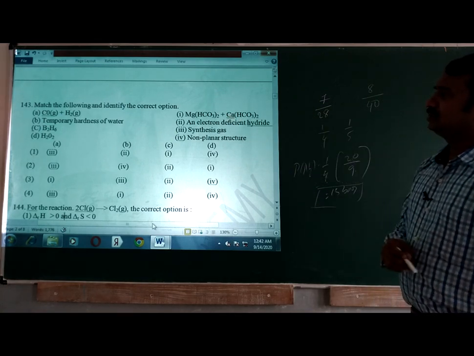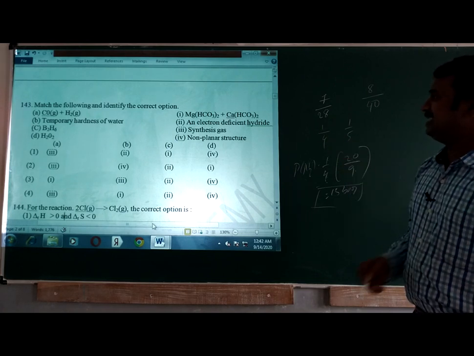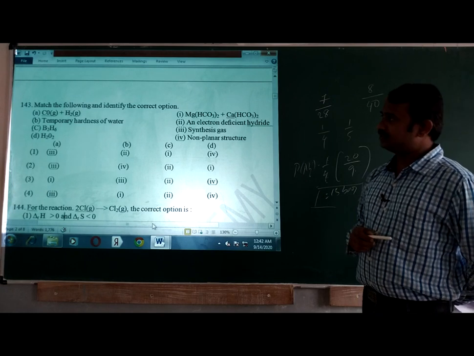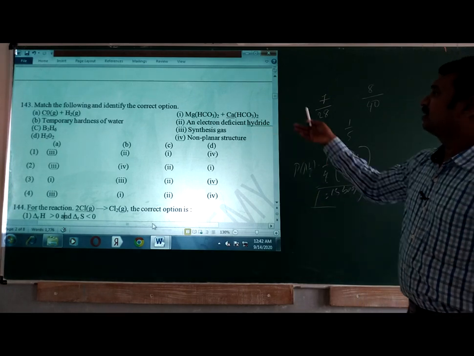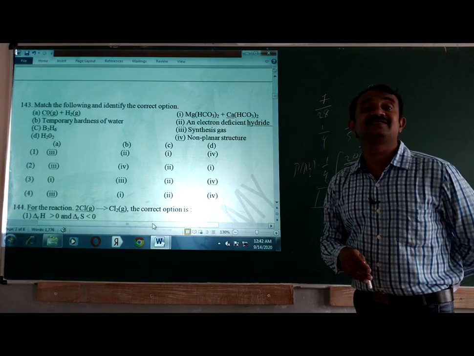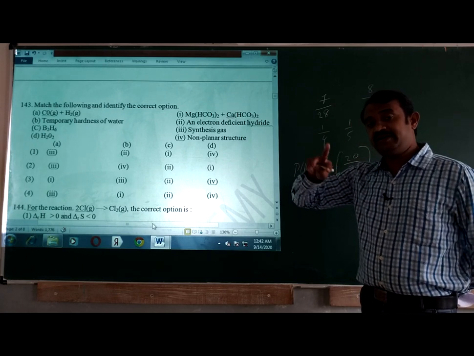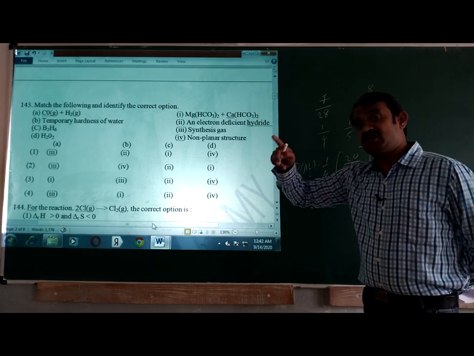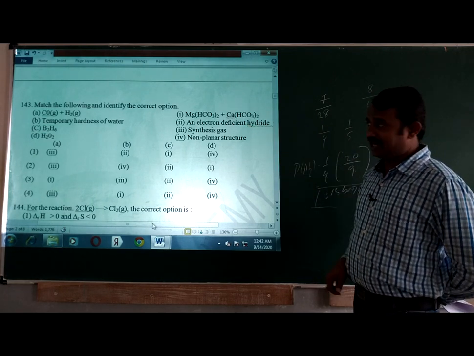Third one, diborane, B2H6. It is a non-planar structure. Diborane is an electron deficient hydride. Methane is a precise hydride, NH3 is an electron rich hydride, and diborane is an electron deficient hydride.